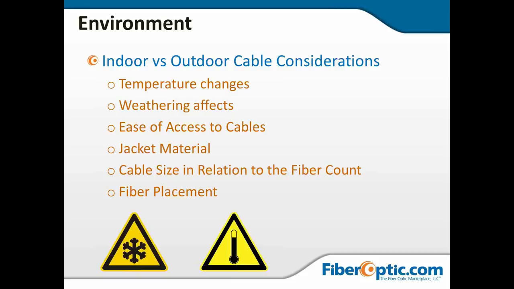This goes to, in the inside plant, whether we're looking at distribution cable, which is considerably smaller than, say, breakout cable, which is a bunch of patch cords all bundled together. We want to look at all of those cable size issues. And then just the fiber placement. Where are we going to put it? How are we going to protect it?